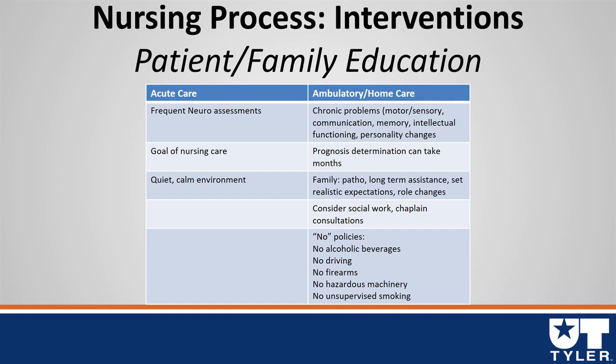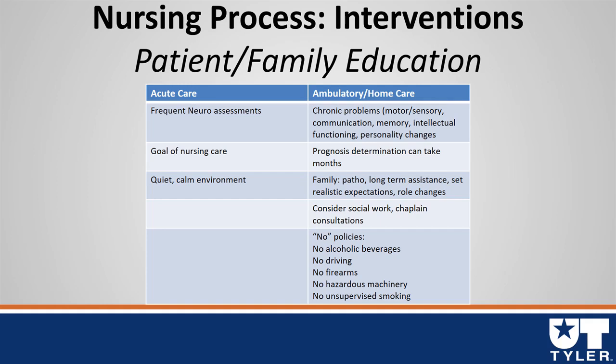You can see the ambulatory and home care setting for these patients encompasses a lot of patient and family teaching. You'll need to educate them that the patient may have chronic problems based on this injury. The overall prognosis may take months to account for adequate healing time, and this can be difficult for the patient and family members to accept, as they want to know now how the patient will be.